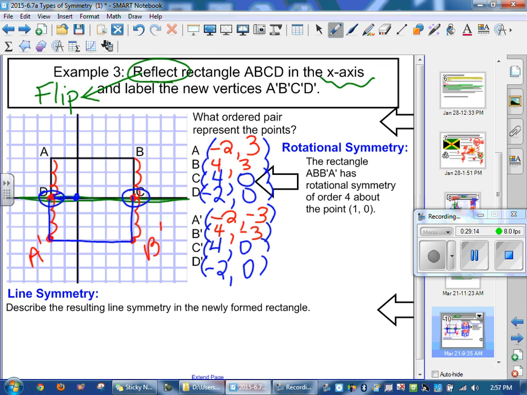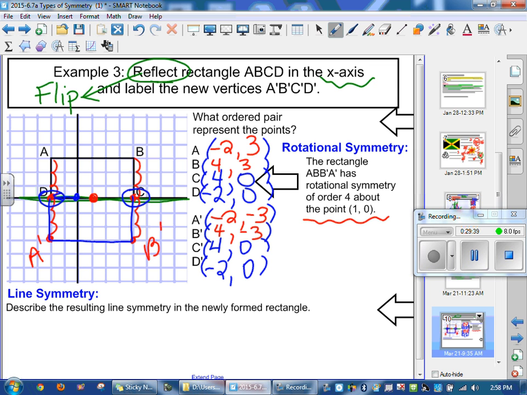Well, if we take a look, the middle of this object is right there. So that middle of our object is at what point? 1 and 0. So that's what it's saying. About the point 1, 0, that means that's going to be the middle of the object. Can it rotate? Yes, it can, around that point.